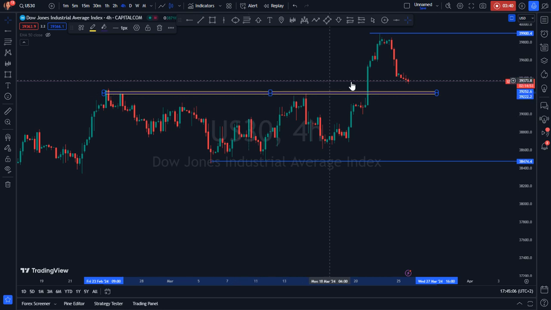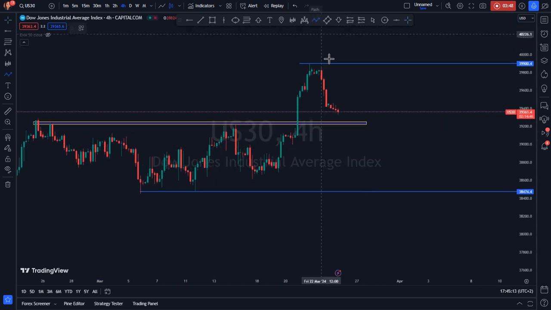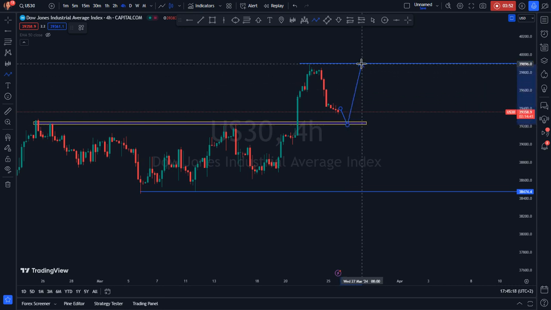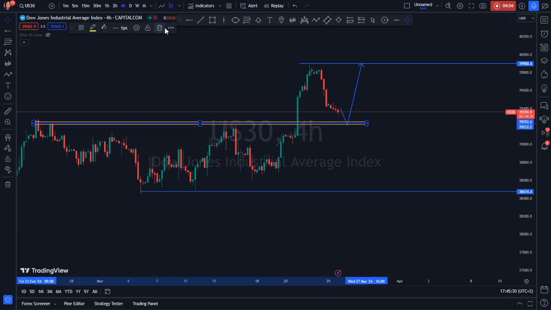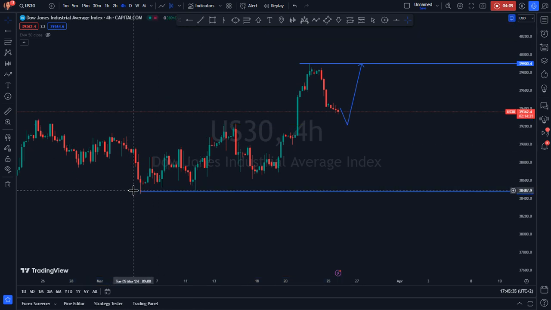So what I can do with the last information of this graph is either draw it this way and expect my market to retest this point and start going up again, or I can make my life easier and just concentrate on the last structure of this graph, which is this impulsive move right here.